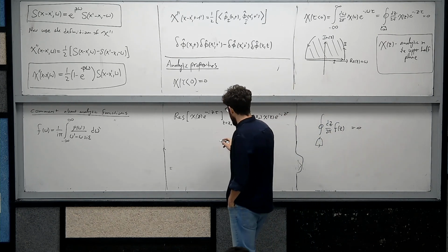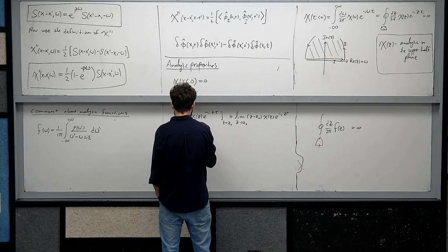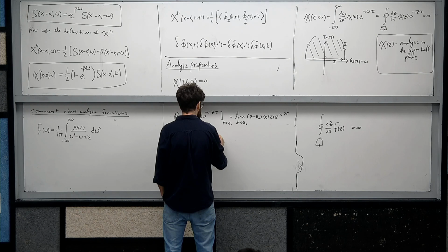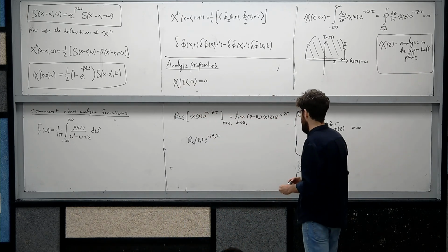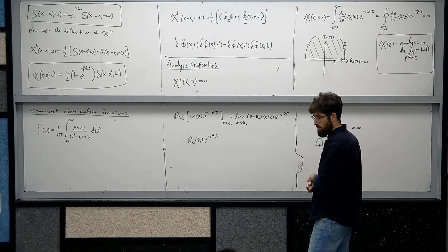Because then what I'm going to get is chi, let me call it r chi at z naught times e to the minus i z naught tau. Now let's assume I have two of those. They need to cancel each other.